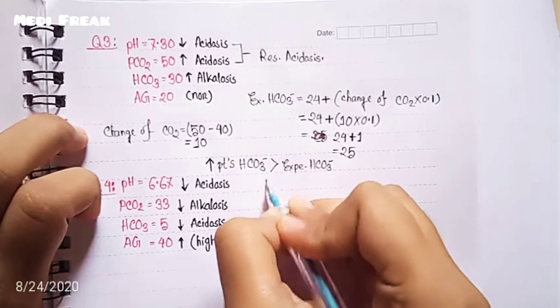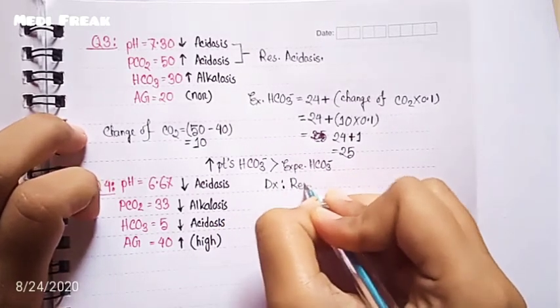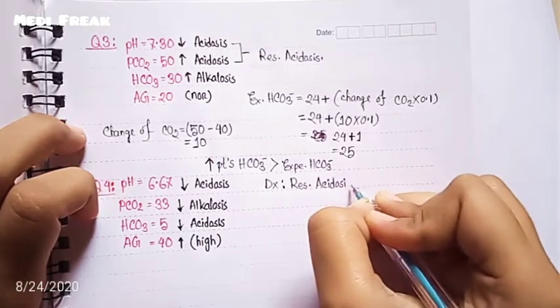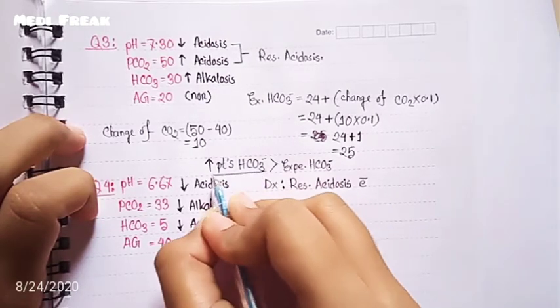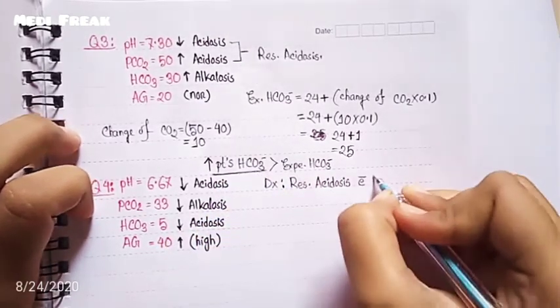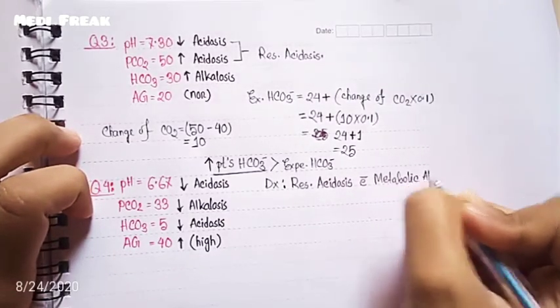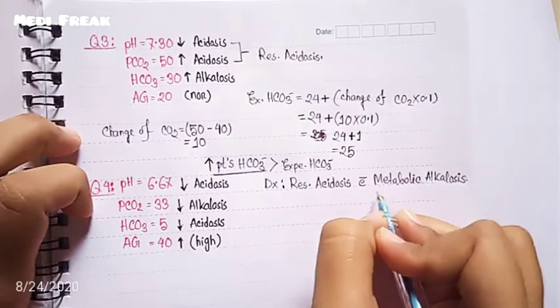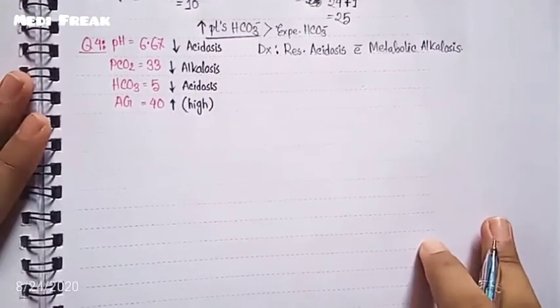So our final dx is respiratory acidosis with bicarbonate increased, so it will produce metabolic alkalosis. Okay, so it is respiratory acidosis with additional metabolic alkalosis. Okay, it is our final dx. Yes, here is the last question.